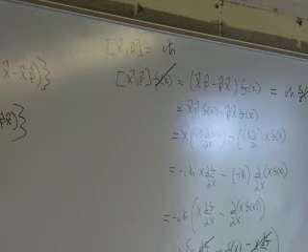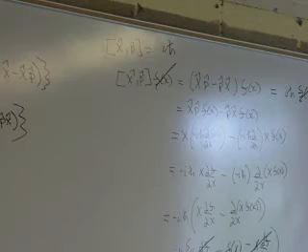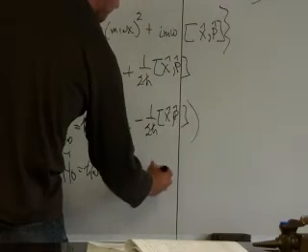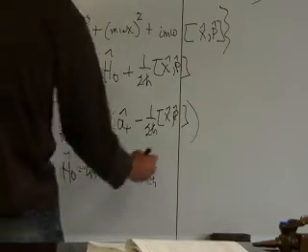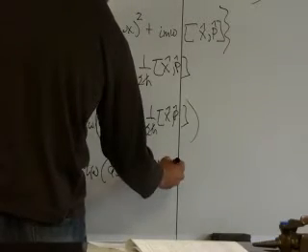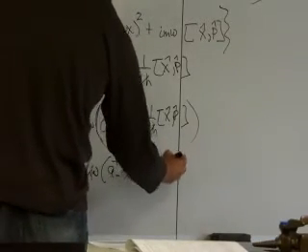Okay, so now we go back here. Now we rewrite H0 equals h bar omega, a minus dagger, a plus dagger, minus 1 over 2 h bar. And then on the top it's going to be i h bar.